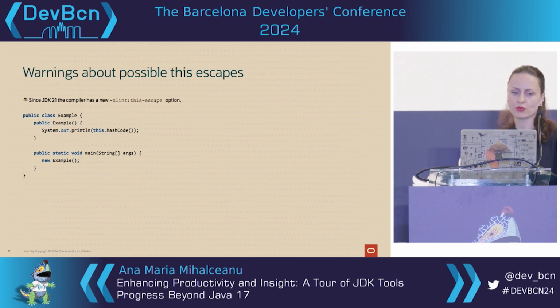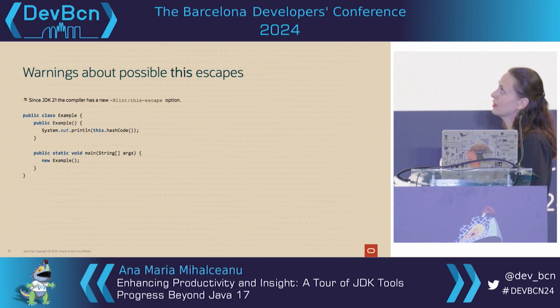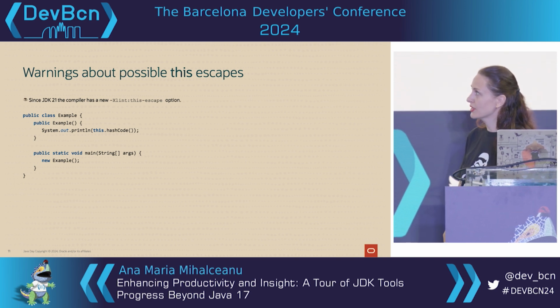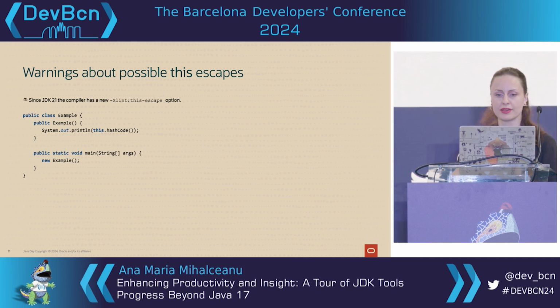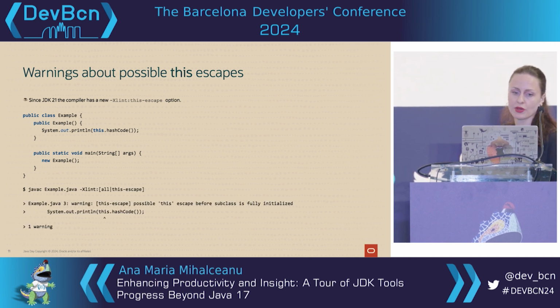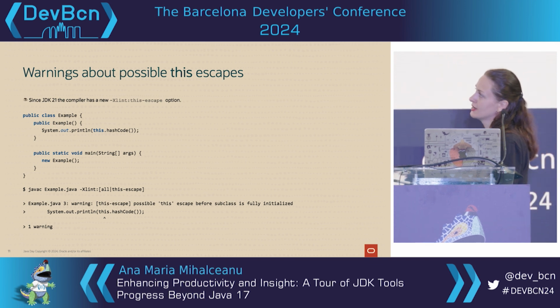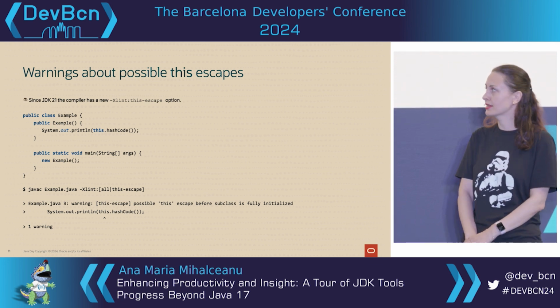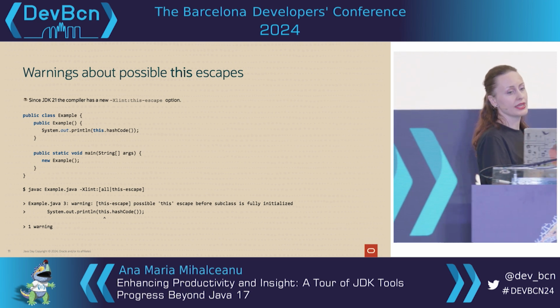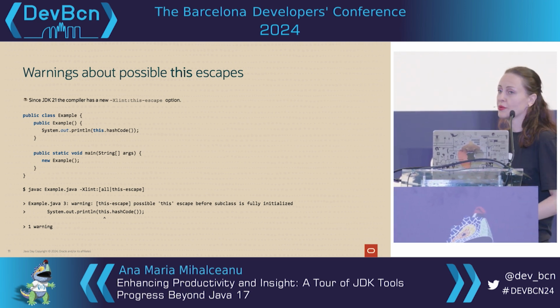And starting with JDK 21, if you are doing the same thing, you are going to get a warning about using this kind of practice in your code. So you are going to be told that, hey, you're trying to invoke this before the subclass was fully initialized. So be aware of this.